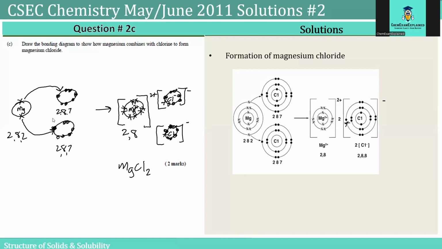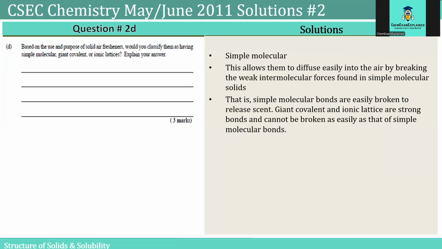And that is how we move from magnesium atom reacting with chlorine to form magnesium chloride. Now you see here I have 2 in front of the Cl- because instead of drawing 2 of the Cl- ions, you could draw 1 but put 2 in front. Now either way is correct.